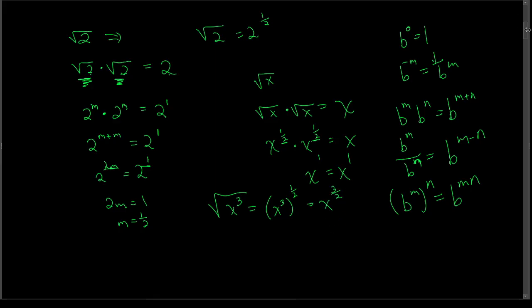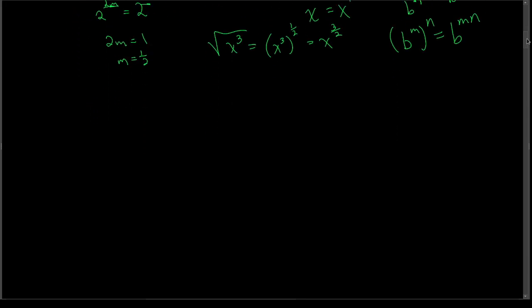And so the only thing we need to recognize here is, does this extend? If we look at the cube root of 2, we're asking ourselves: cube root of 2 times cube root of 2 times cube root of 2 equals 2.